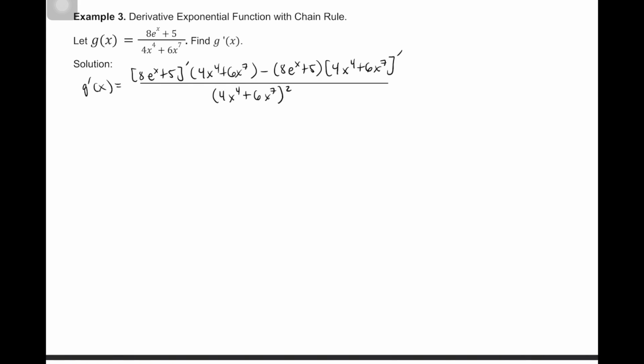So we follow the quotient rule here, and so this is by the quotient rule.